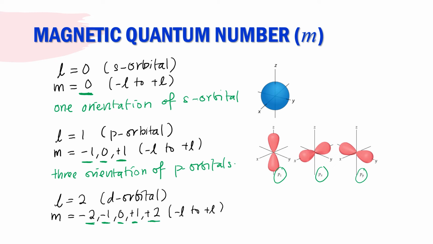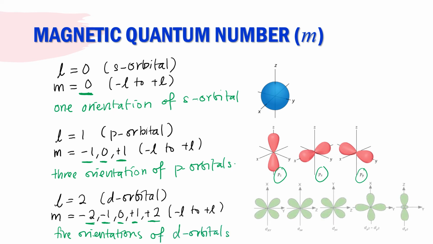This indicates 5 orientations of the d orbitals. The 5 orientations are called the dxy orbital, dxz orbital, dyz orbital, dx square minus y square orbital, and the dz square orbital.